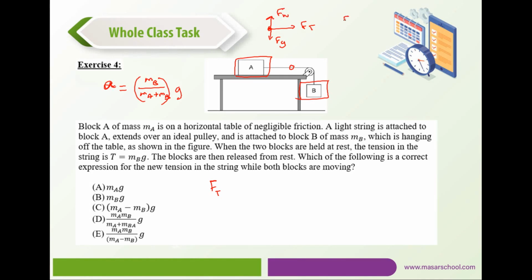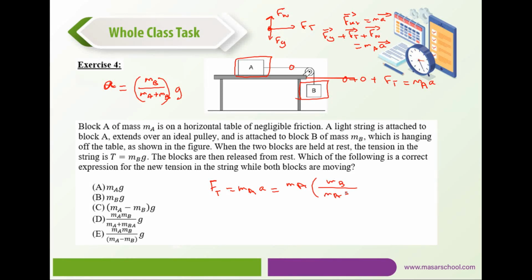So if we apply Newton's second law, F net is M multiplied by A, that would be the pull of gravity, plus the tension, plus the normal is equal to the mass A multiplied by A. If we project it along the horizontal, that would be 0 plus 0, plus the tension force, which is equal to MA multiplied by A. So this is MA multiplied by A, and that would be MA multiplied by MB divided by MA plus MB multiplied by G, factoring out the fractional mass. So the correct expression in this case would be D.